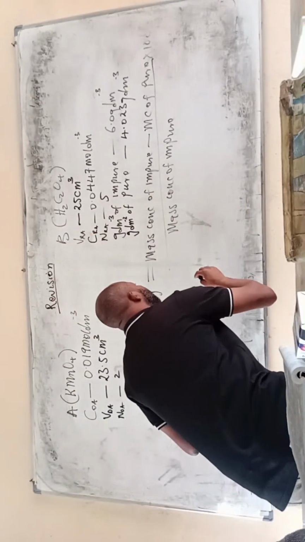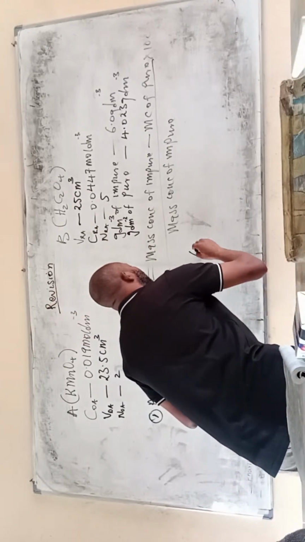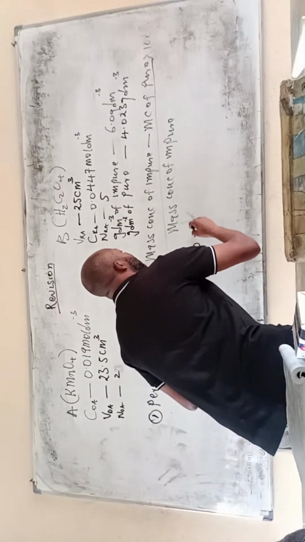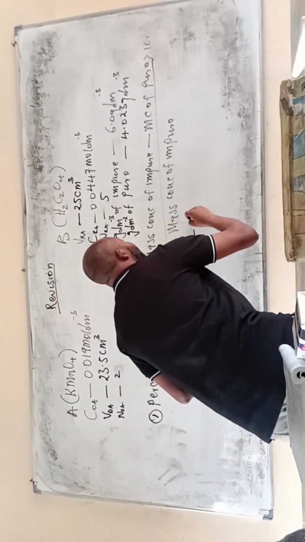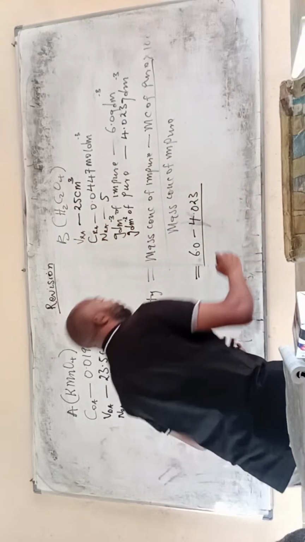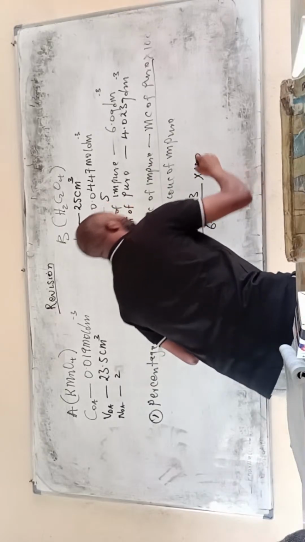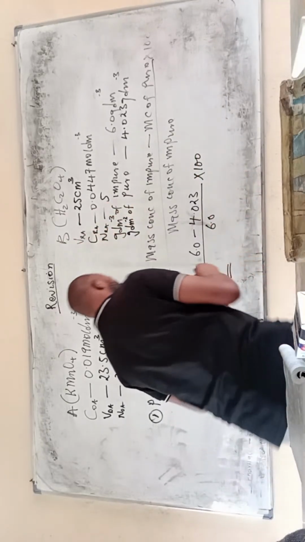So this would be mass concentration of impure is 6.0 minus mass concentration of pure is 4.023 over the mass concentration of impure is 6.0 times 100. And this is equal to what?